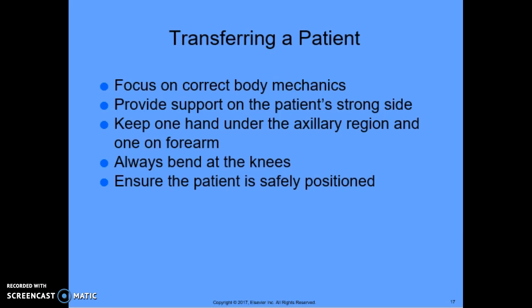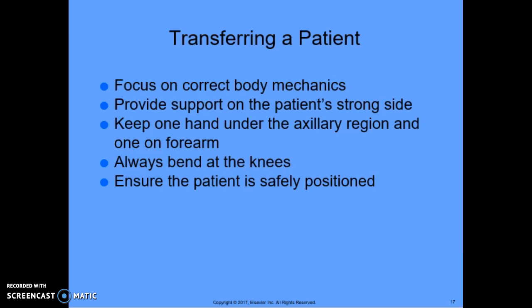Transferring a patient, in the ambulatory care setting, depending on the office that you're in, will depend on how often you are responsible for transferring a patient. You want to make sure when you're transferring that you focus on correct body mechanics, that you make sure to provide support on the patient's strong side.